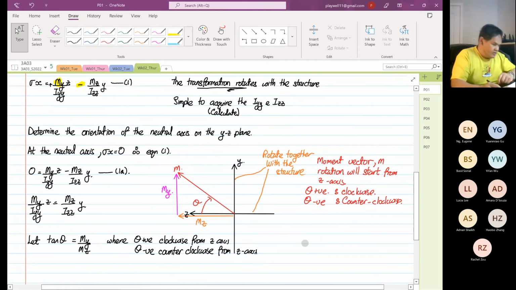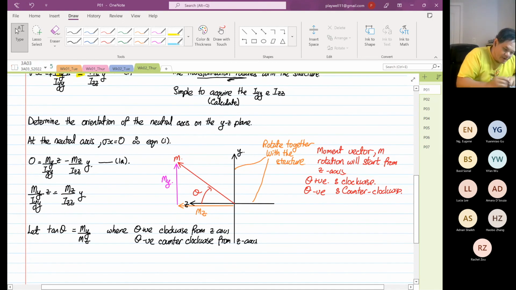With this in mind, we can now rearrange equation 1b.